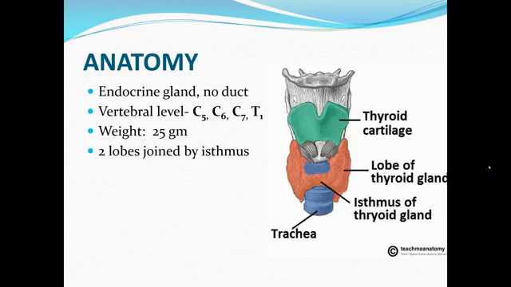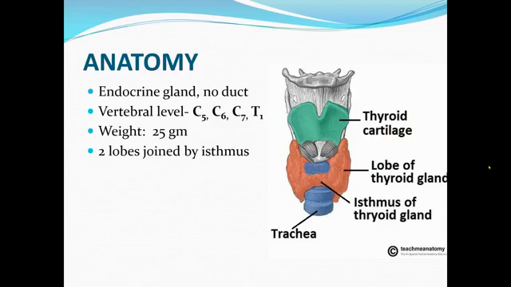Now, the shape of the gland and vertebral level. Vertebral level is cervical 5, 6, 7, and first thoracic vertebral level. Thyroid gland is H-shaped. There are two lobes, right and left lobes.